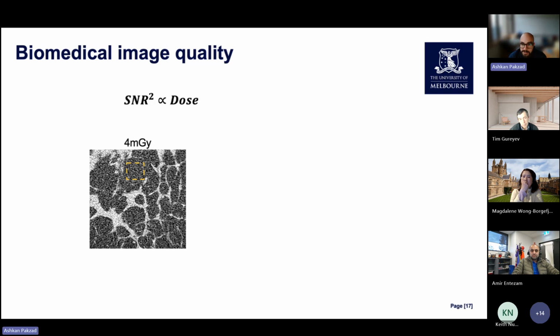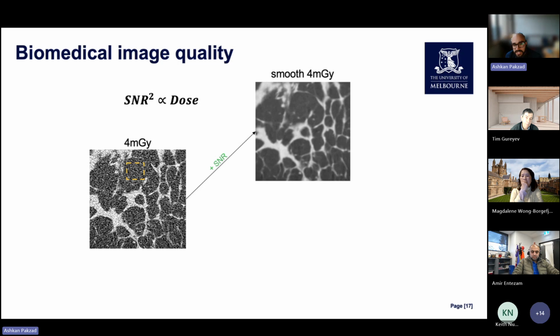And increasing the number of photons, which is directly related to the dose, improves the signal to noise ratio squared. So we know this is one way that we can evaluate how the image quality compares to the dose. So if we smoothen that image, we're effectively denoising it, right? But there is, of course, another important element in all of this, which is the spatial resolution, which we've lost.